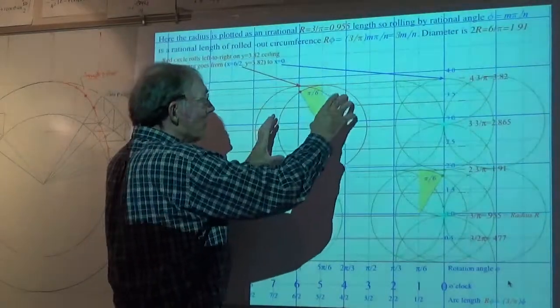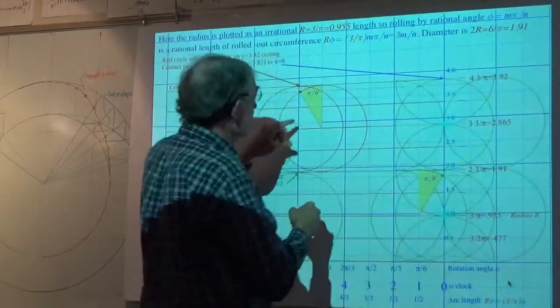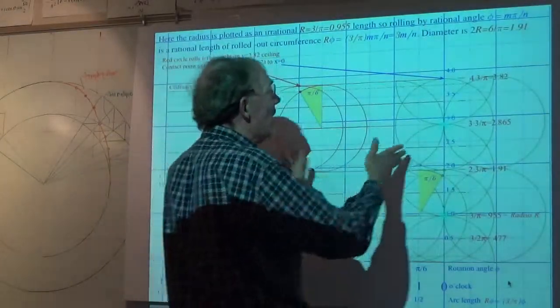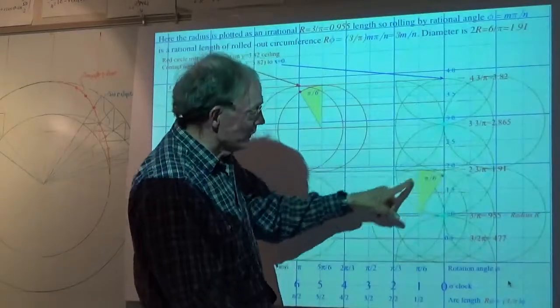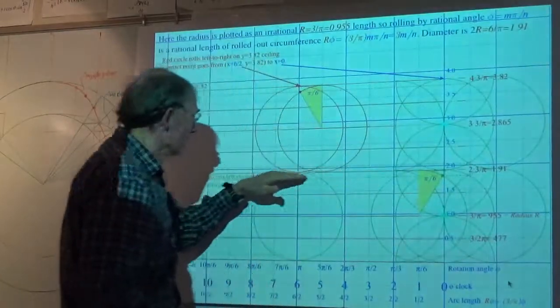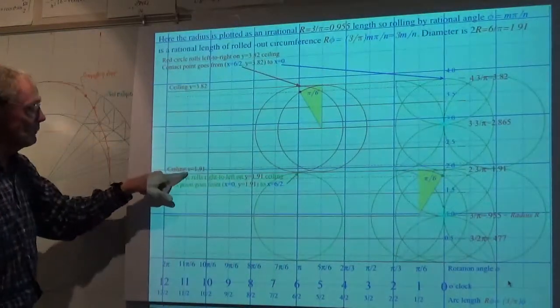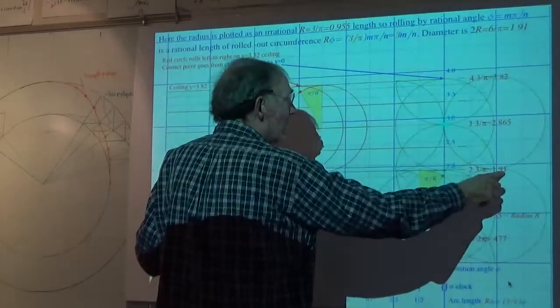We're going to roll this circle on the ceiling, you see, so it will roll a full pi radians when it gets to be the green circle. Meanwhile, we'll take the green circle right here and we'll roll it on its ceiling. Okay, it's got a ceiling at y equals 1.91. That's 2 times 3 over pi.